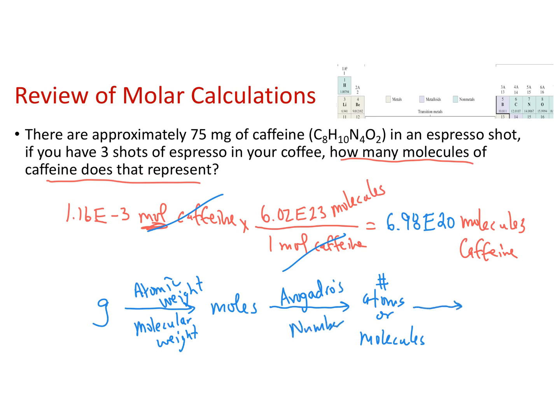And then if I want to go one step further, and that's what we're going to do on the next slide, if I need to determine how many atoms are within a molecule, then I would need to use the coefficients from the chemical formula. And we'll do that calculation on the next slide. But for this one, 6.98 e to the 20 molecules of caffeine.